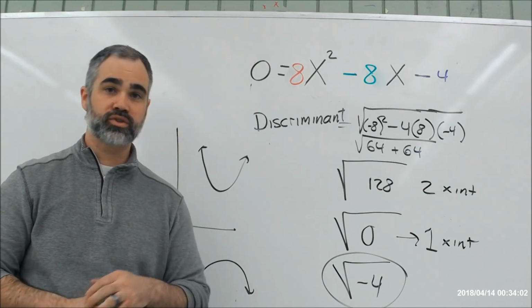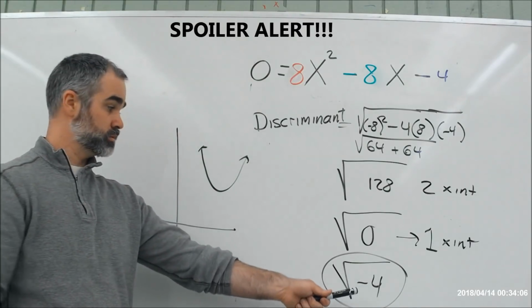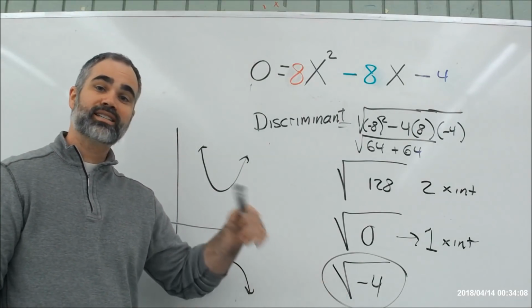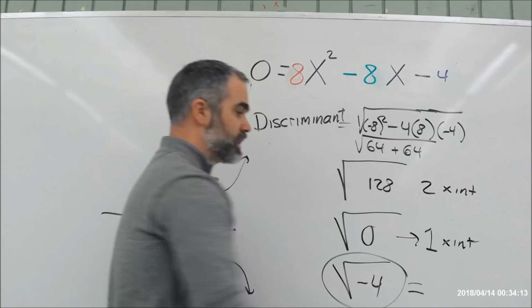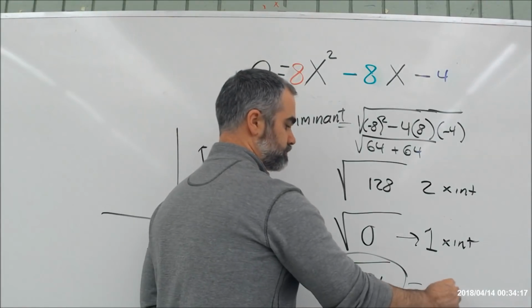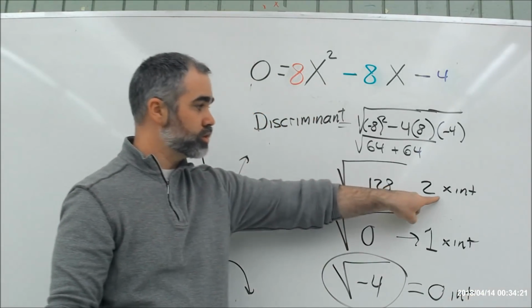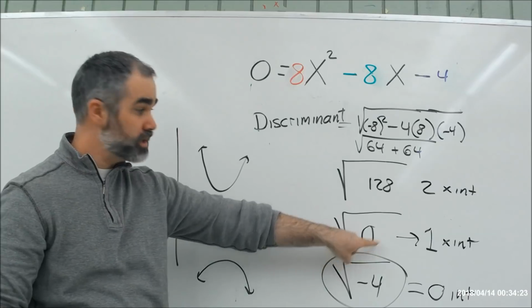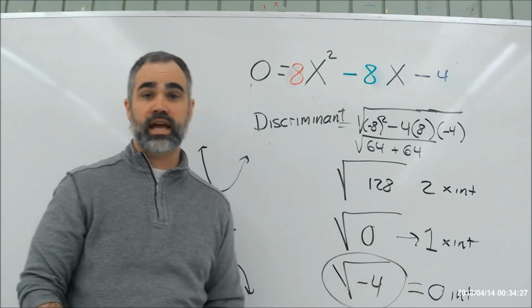So far as you know, stay tuned to Algebra 2, you'll find out that you can do this. But for right now, this is impossible. Since we can't actually compute it, this tells me that I'm going to have 0 x-intercepts since I can't get an answer. So again, a positive discriminant tells you there's 2, a 0 discriminant tells you there's 1, and a negative discriminant tells you there's 0 x-intercepts.